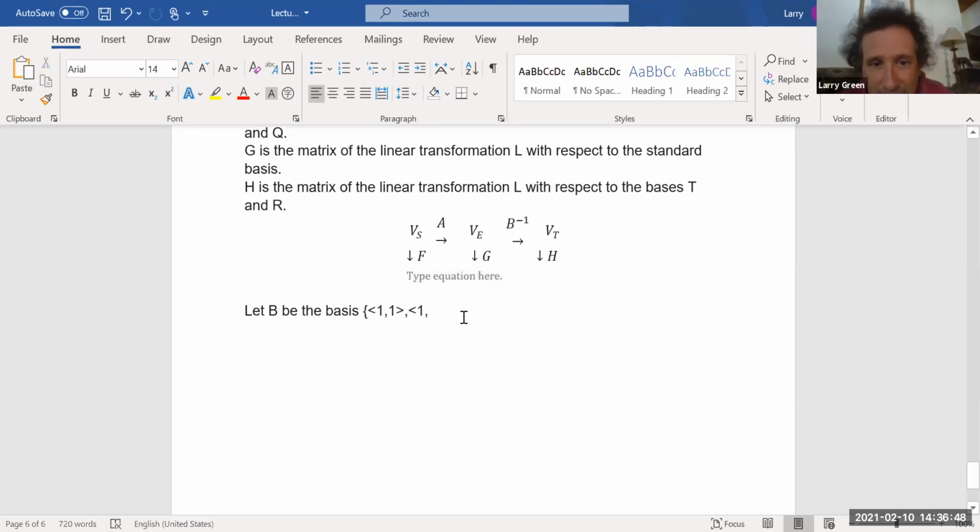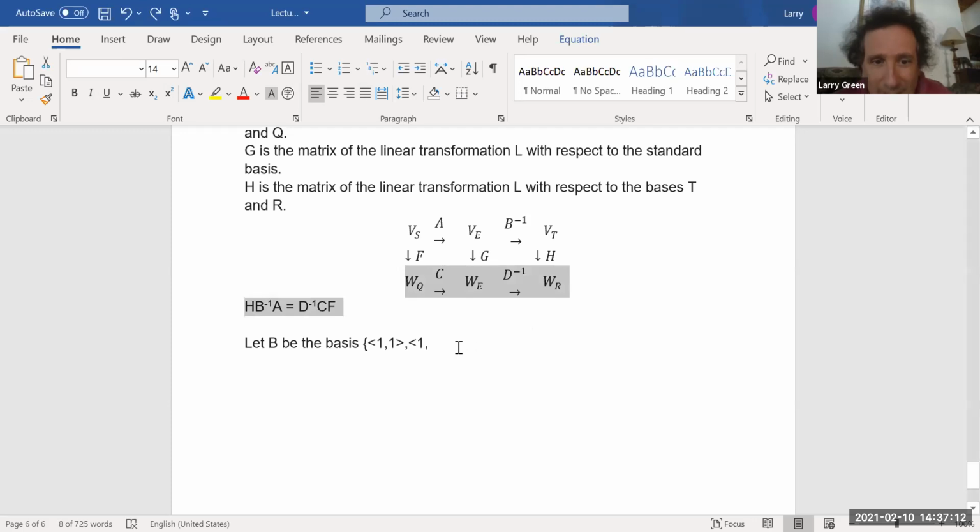Try this again. Do you agree that's a basis for R2? And, oh, just a minute. I lost all that stuff.